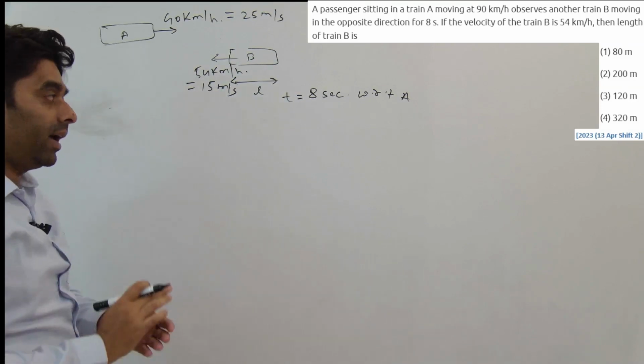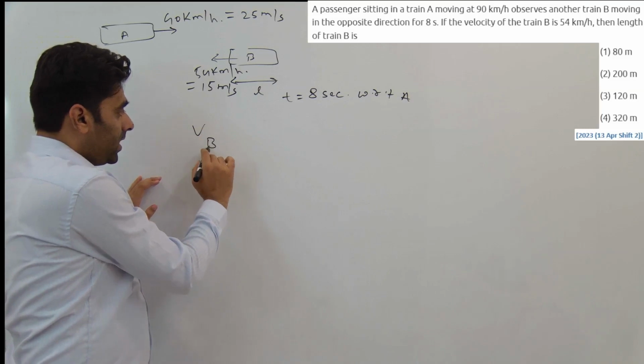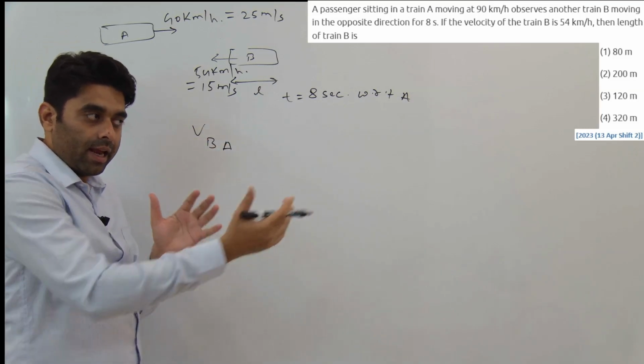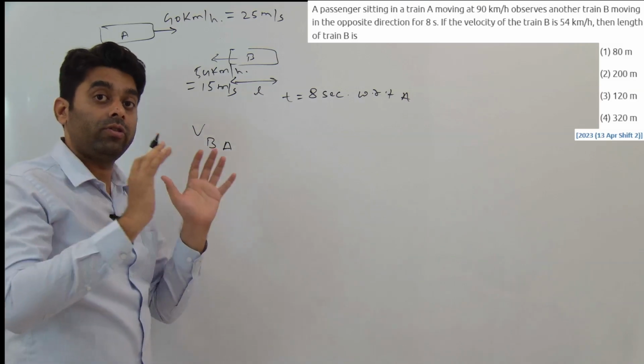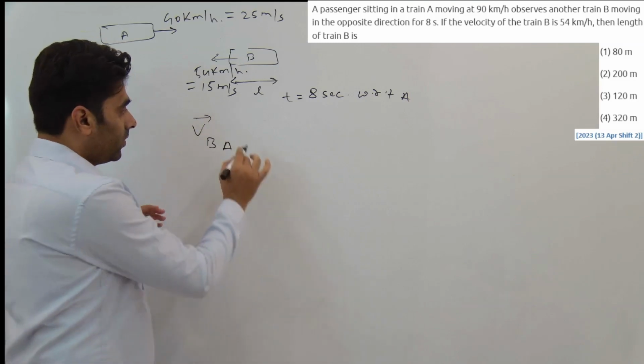Now we have 15 meter per second. Velocity of B with respect to A, because the person is sitting in A and observing B cross. It's a question of relative motion. What is the velocity of B with respect to A?